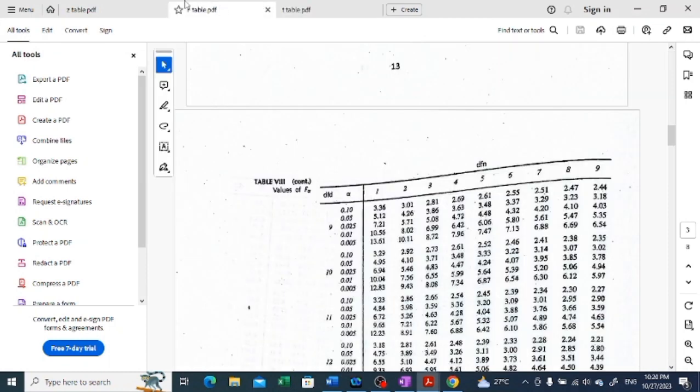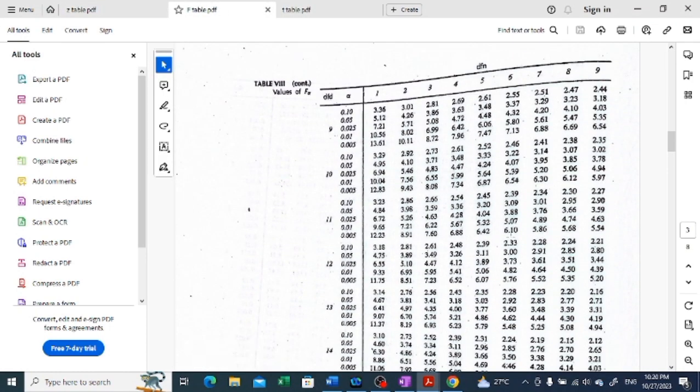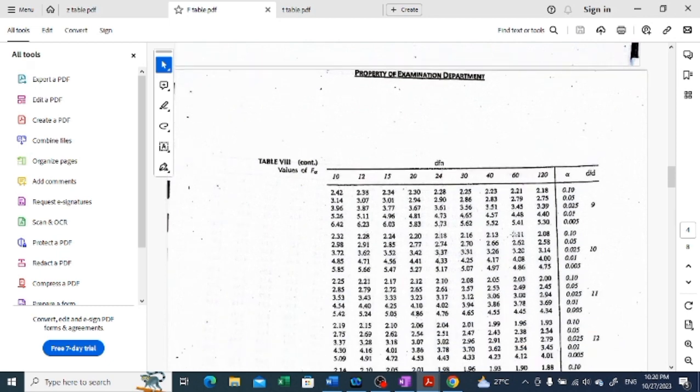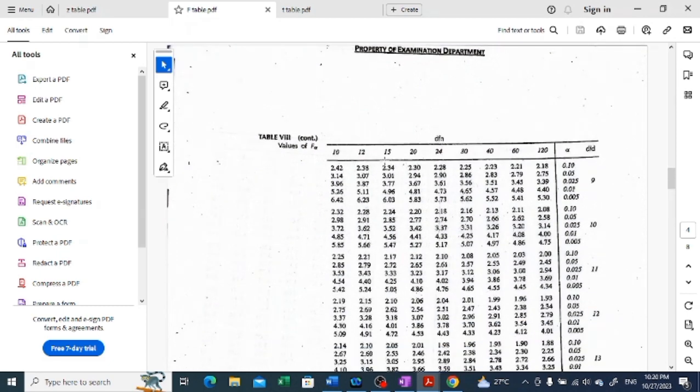Now in the F table, the 16th column is not there over here. You can see that the 16 column is not there. So in case of non-availability of any specific degrees of freedom in the table, we go for the nearest possible available value.